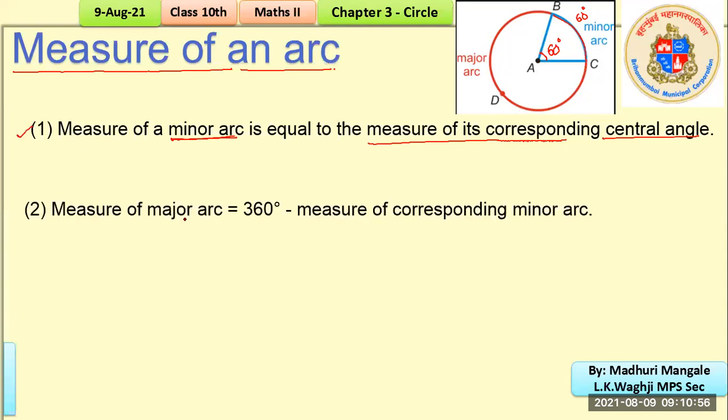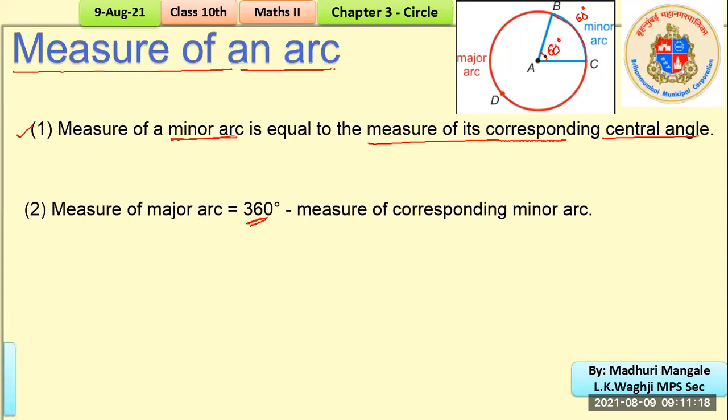Second, the measure of the major arc. How to find the measure of the major arc? We know the total around the circle is 360 degrees, right? Likewise, if we know the minor arc, then we can find the measure of the major arc. How? Simply subtract from 360.